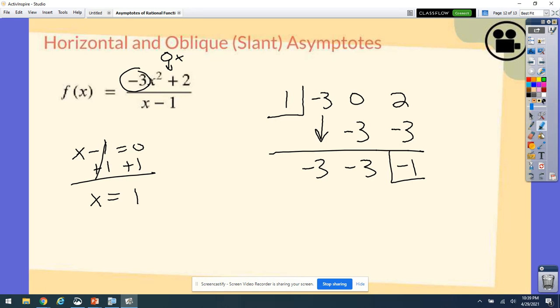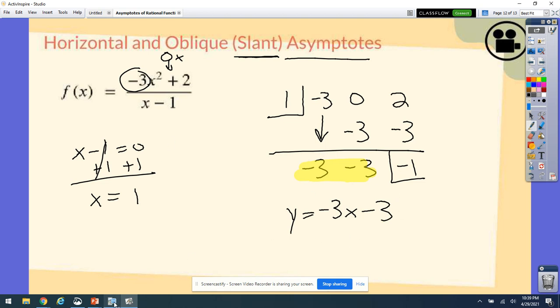All we want to focus on is the equation part here. I don't care too much about the remainder. This just helps me get that slant. So my slant asymptote would be y equals -3x minus 3, and that's where my line is going to exist.